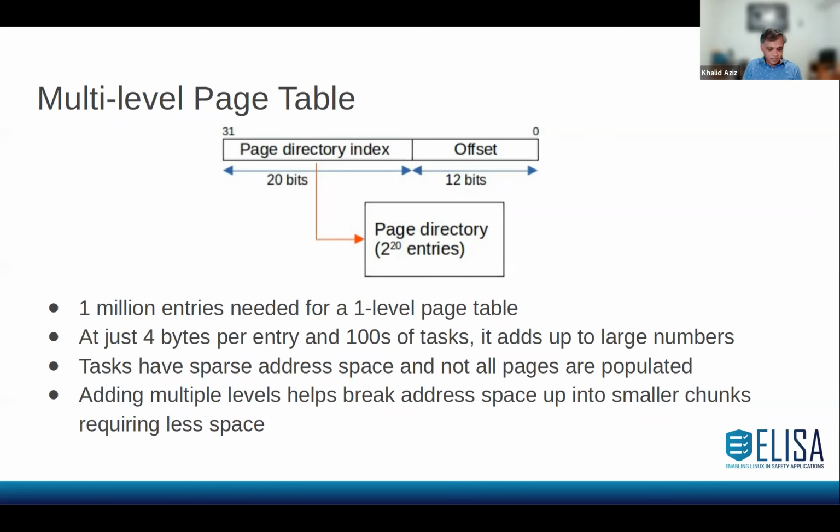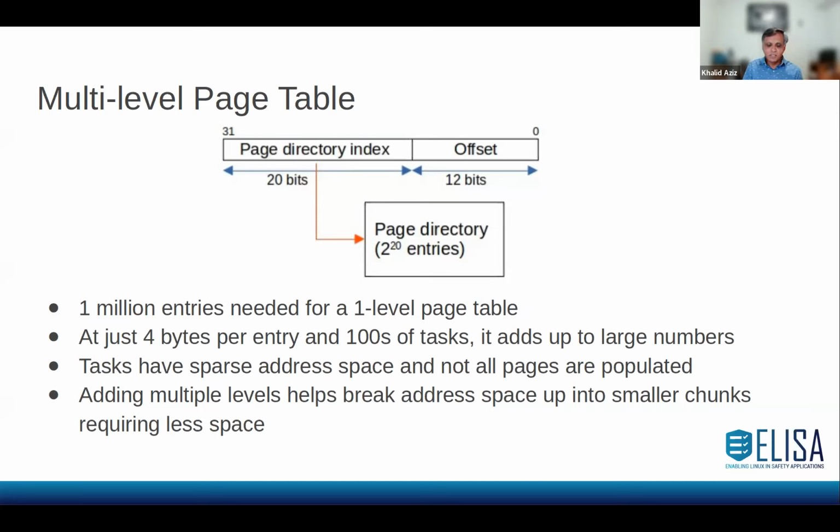And the reality is, tasks don't always use their entire address space. But when we are looking at a linear page directory, it has to have a slot for each virtual page. So we potentially can have tasks where we are maintaining a page directory with lots of entries being just empty.